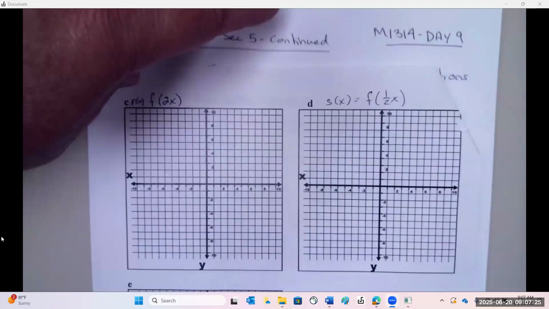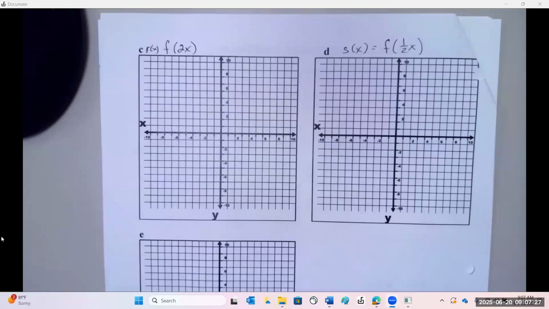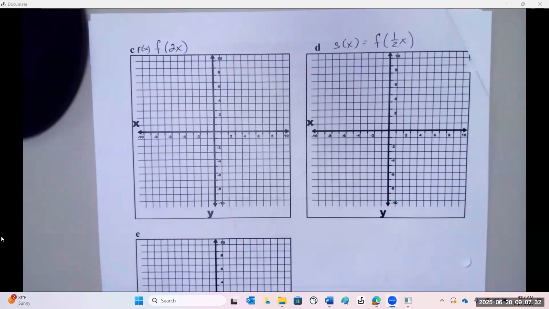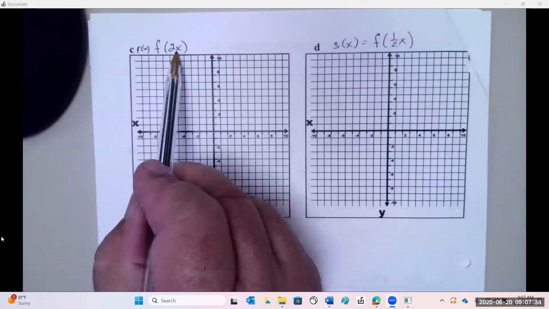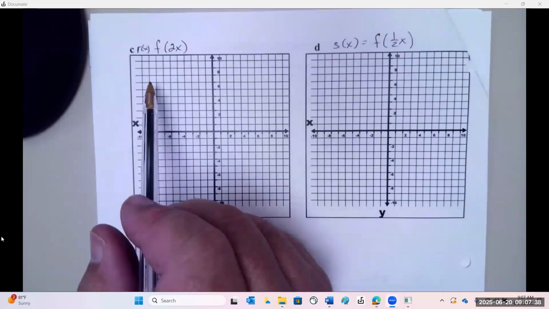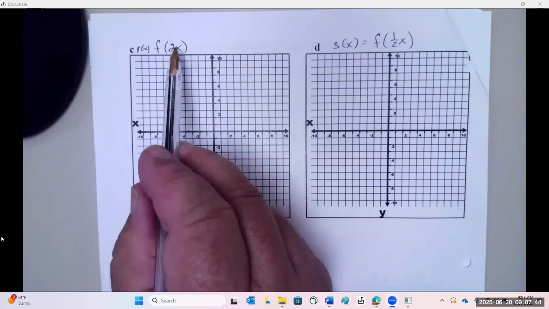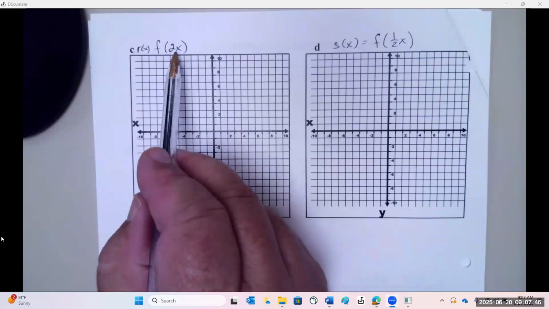So remember our graph. What happens here? It happens inside. So what does that mean? It does the opposite. If it's inside, it's the x value. So what does that one tell me to do to my x value?